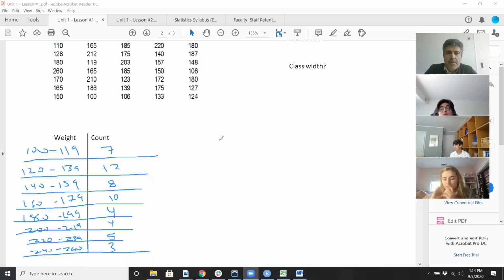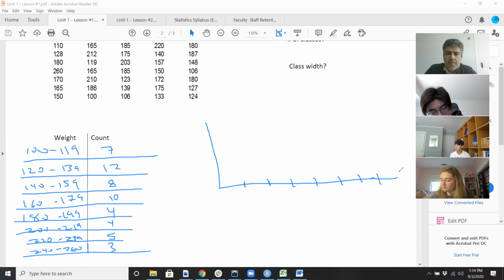So what you do, when you do a histogram, is you make your categories, just like I showed you in that project I did for Sacred Heart. So this would be your first category, 100 to 119.